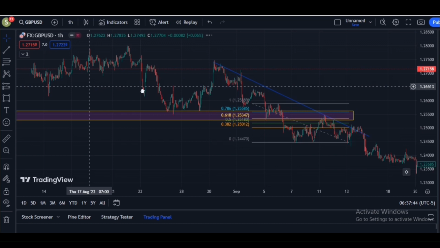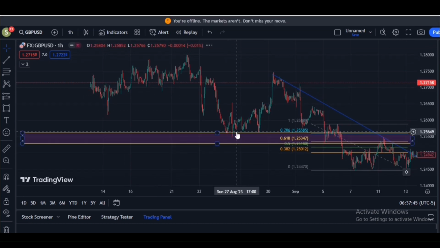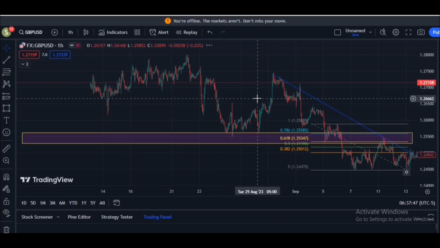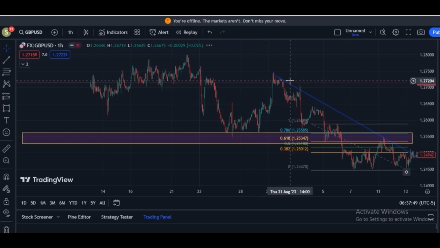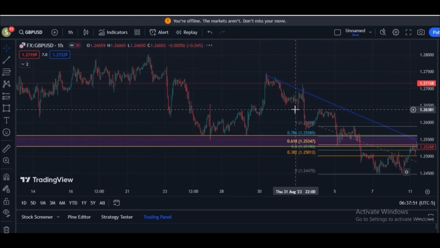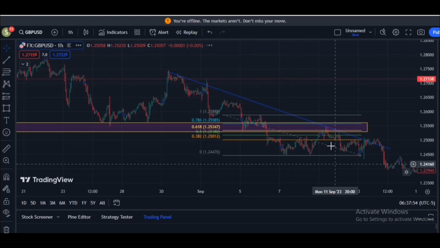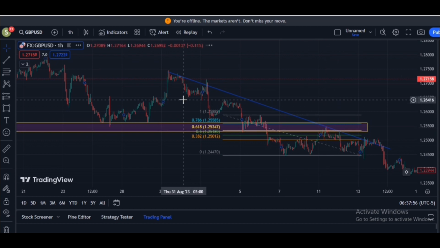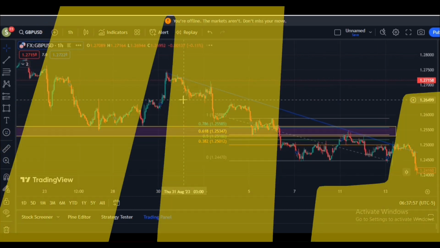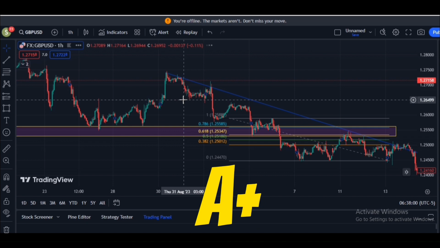The market got here, bounced off, bounced off, bounced off, bounced off. And what happened? It finally broke it and it came to retest it here. So this is an A+ setup trade. So that's it for today's video.